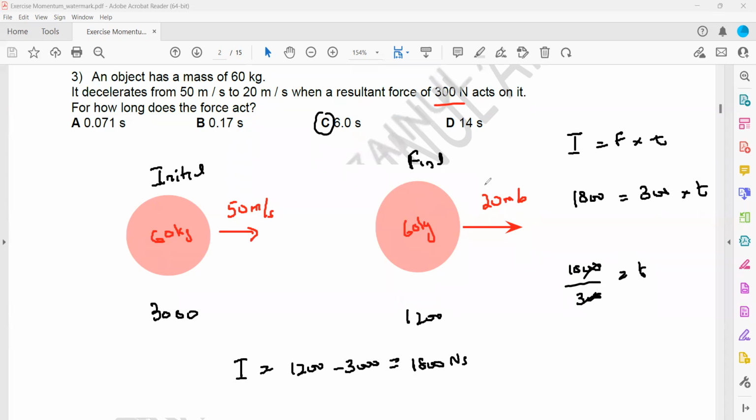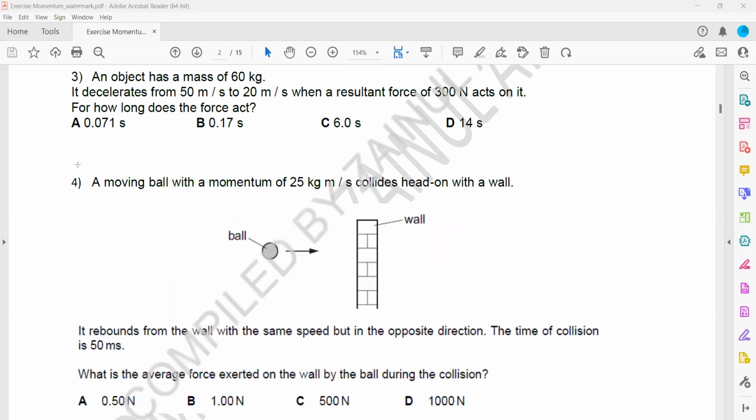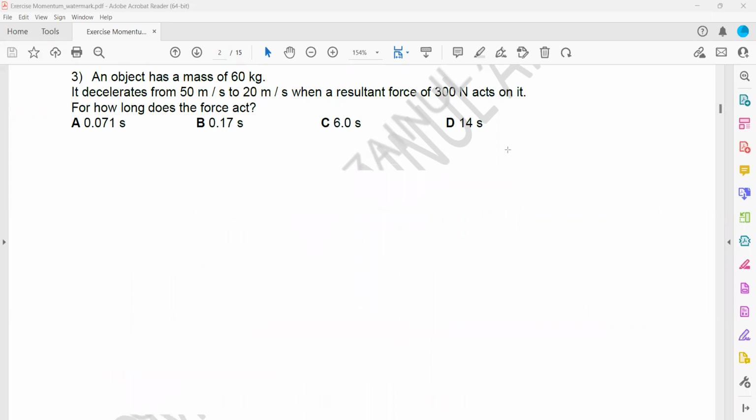This is when we use the impulse and get the answer: impulse is force into time, we work out the time. I can also use the formula F equals ma to get the time. It won't make a difference to the final answer. First we'll use the formula force is equal to mass multiplied by acceleration.